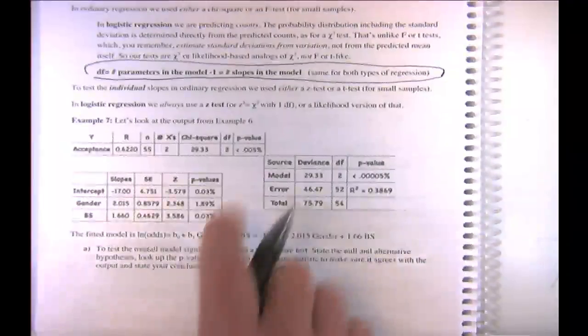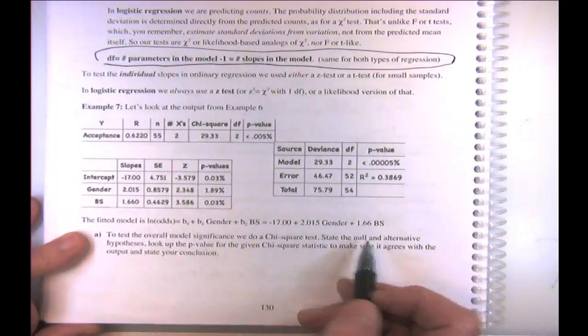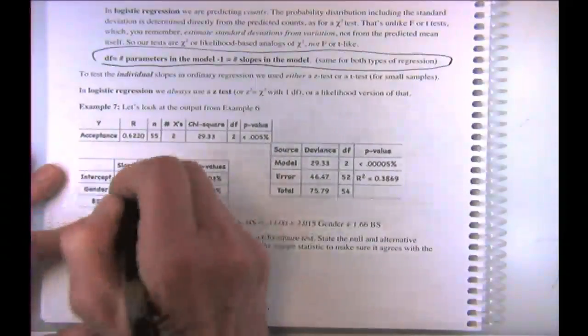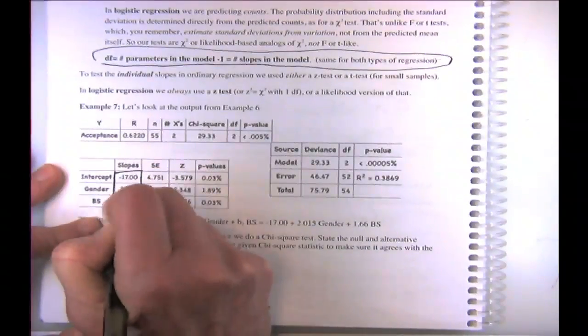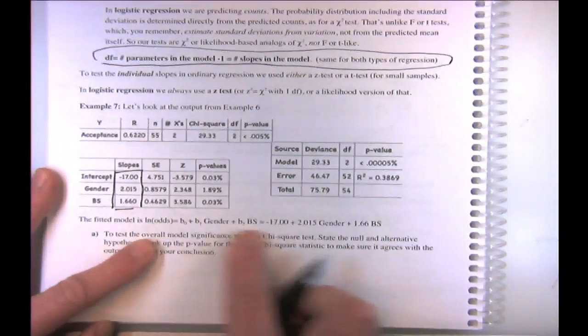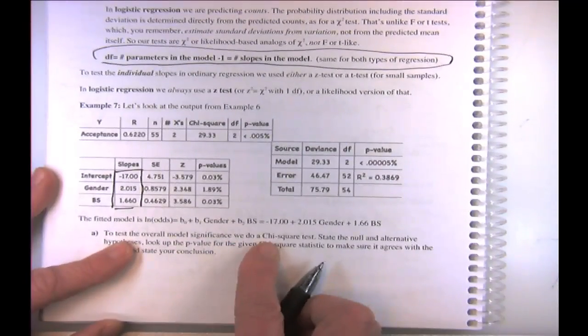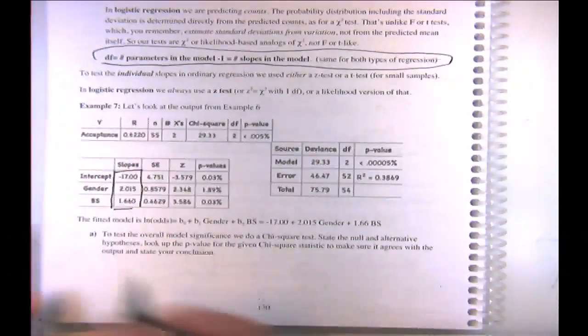Okay, so let's look at how to interpret this. And so we have this fitted model. First of all, we're looking at these. Here's our fitted model. We're looking at these slopes right here. And we get this model. And then to test the overall model significance, we do this chi-square test. And the null is the usual.